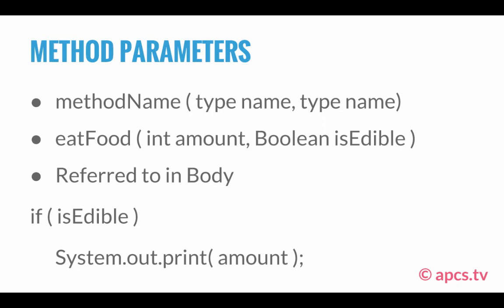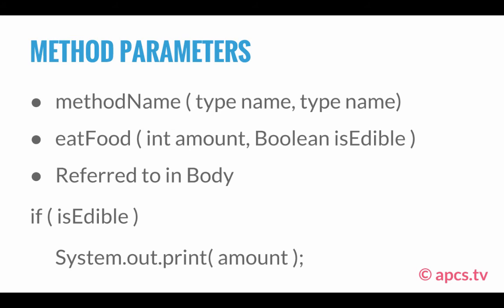And then when the method is called, somebody would write eatFood, and then they would put an integer that would represent amount, and then a boolean that would represent isEdible. So basically these parameters are simply letting the computer know what you're expecting to get for that method, and then the user can put in any information, like any integer and any boolean. And then these parameters are referred to in the body of the method.